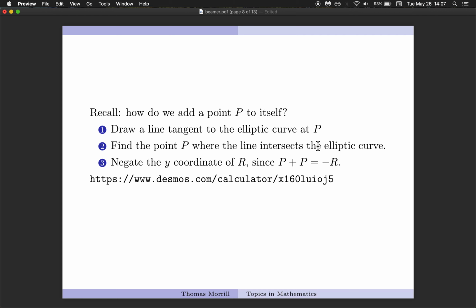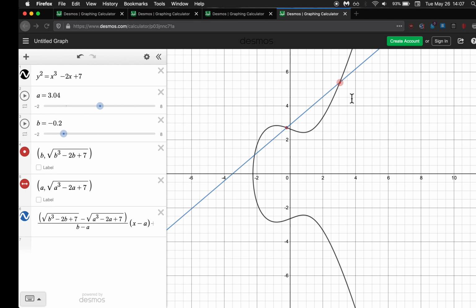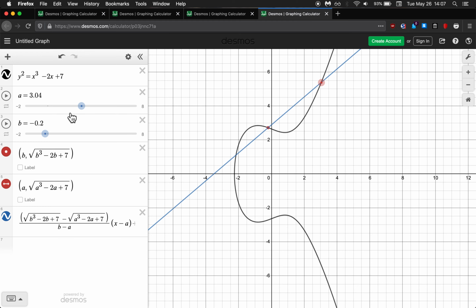So this was slightly different because my formula here breaks down when we have the same point added to itself. So here I have nearly the same point, x-coordinate 3 and x-coordinate 3.04.